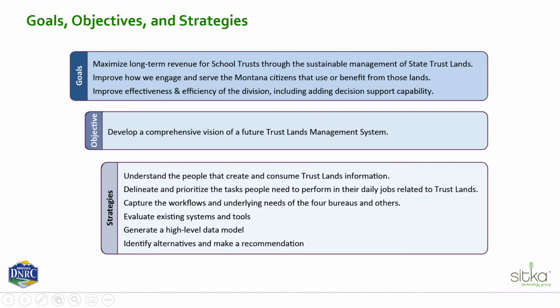The objective that would help meet that goal, as part of this data analysis, was to create this vision of where trust lands management as a system could improve and could better support the goals of the division going forward. I'm not going to talk about all of the strategies, but there are a lot of different components of a data analysis that help you get to an actual roadmap for how you're going to get there.